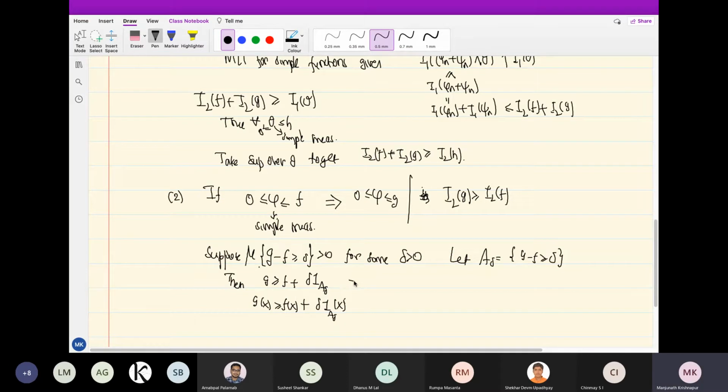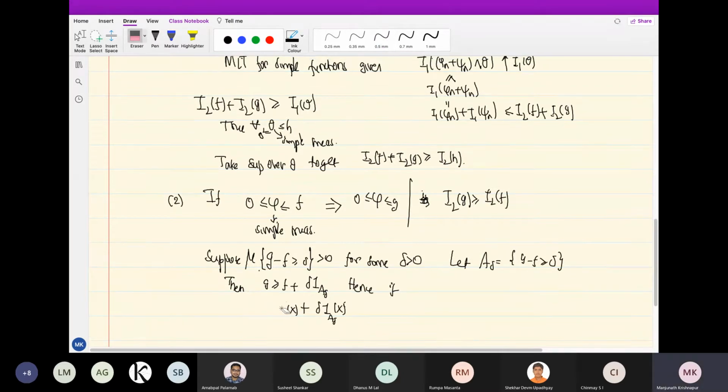Hence, I can improve here. If 0 less than or equal to phi less than or equal to f, then 0 less than or equal to phi plus delta times indicator A delta is less than or equal to g.